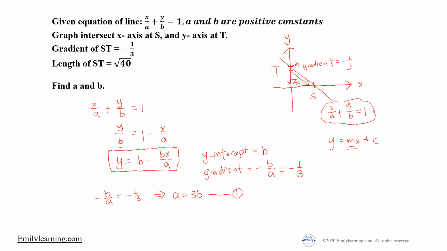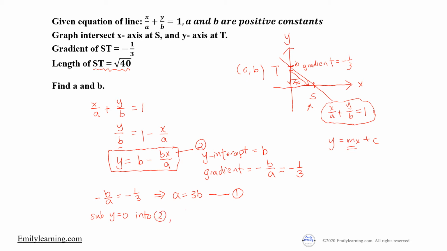Alright. Next, I need to make use of this. Length of ST is root 40. So I already know that T is (0, b). How about S? To find the x-intercept, I will sub y equals to 0 into, let me call this equation 2. Alright.